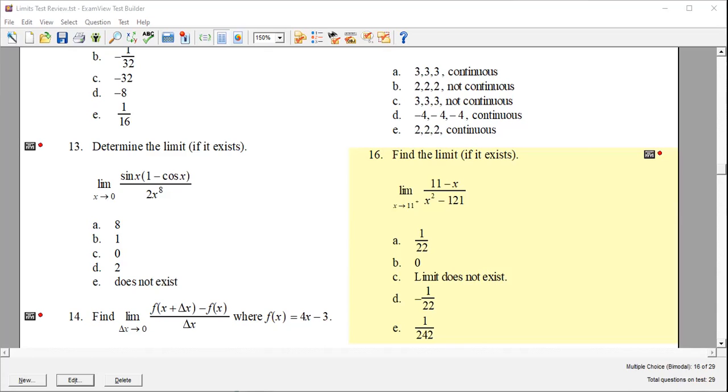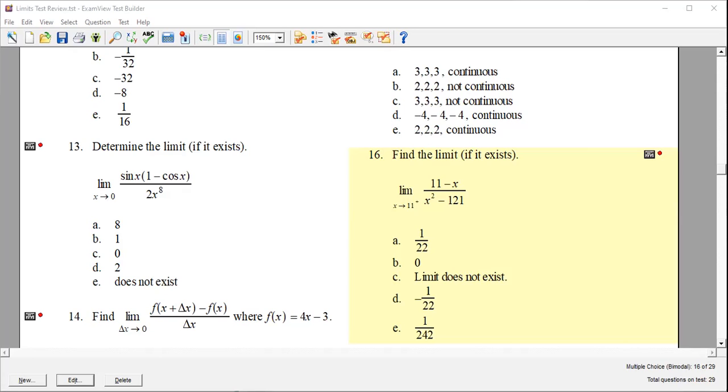It was 11 minus x over x squared minus 121. How do I factor the bottom? Okay, well, what about the top?